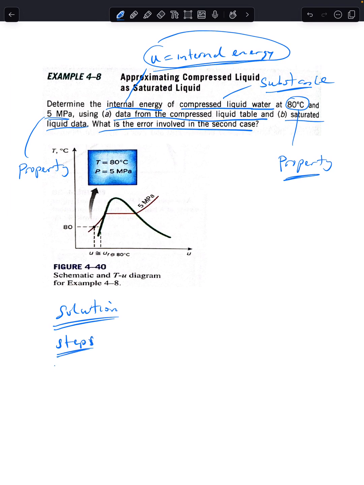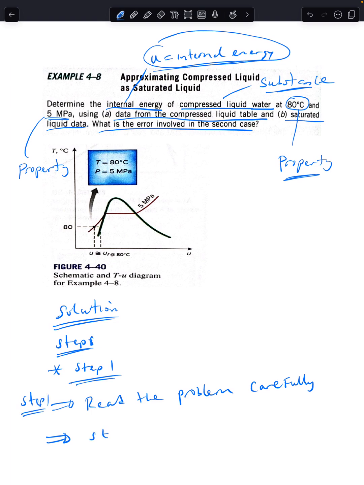Step one: the first thing you must do is to read the problem carefully. Read the problem carefully.